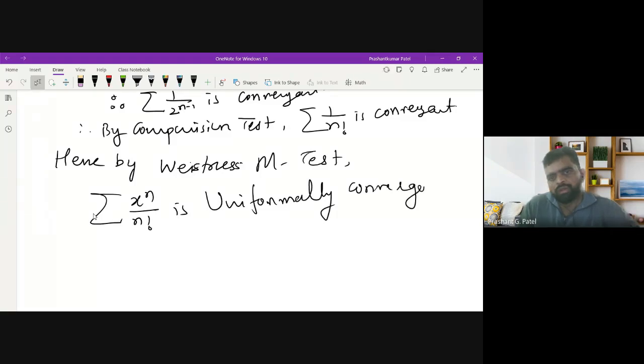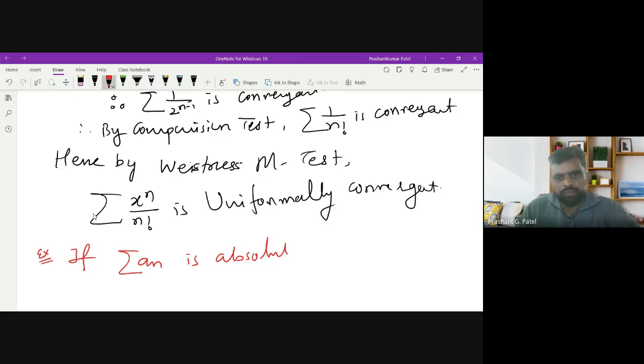So let's complete the solution for this example. Let's have the next example. Given that if summation of an is absolutely convergent, we know that absolutely convergent means summation of mod of an is convergent.